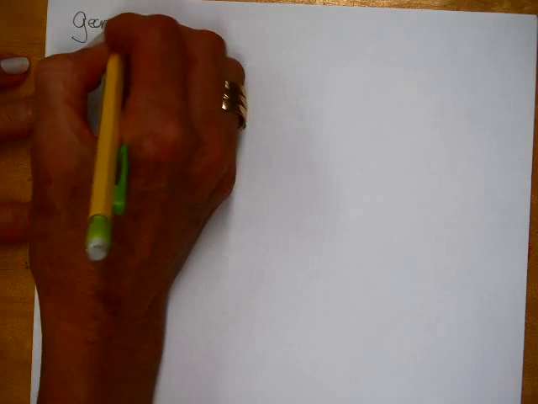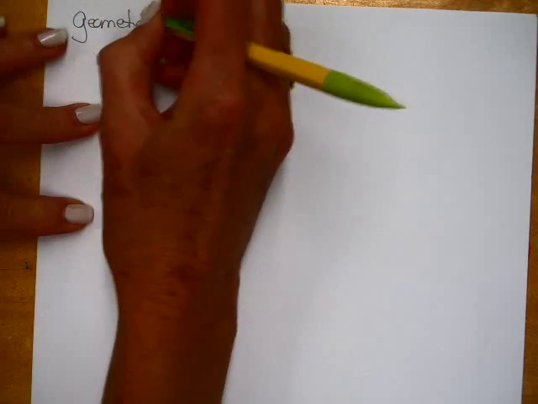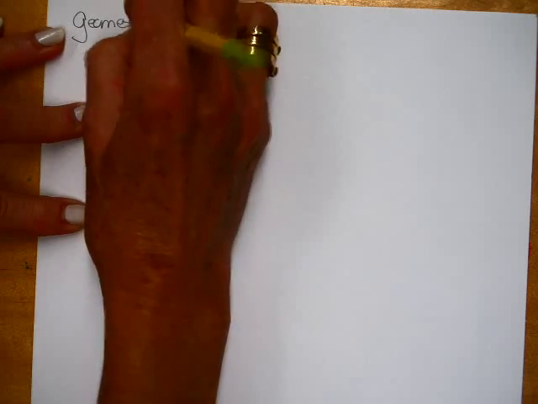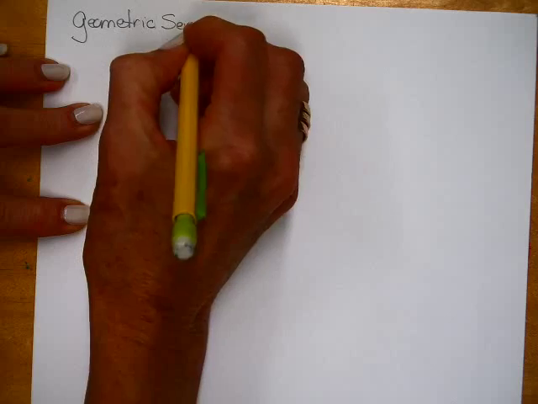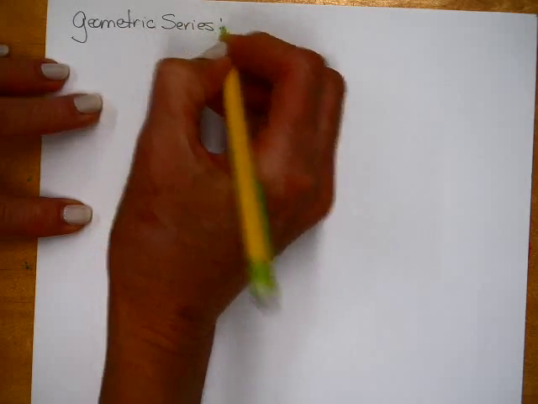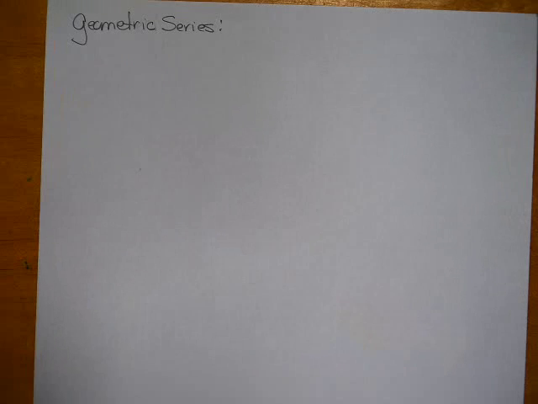All right, the first type of series that's important is geometric. All right, a geometric series. This is a series where you get the next term by multiplying something by the term in front of it.